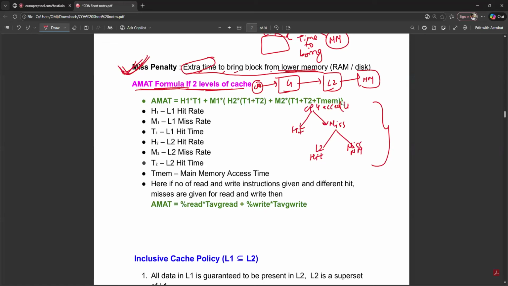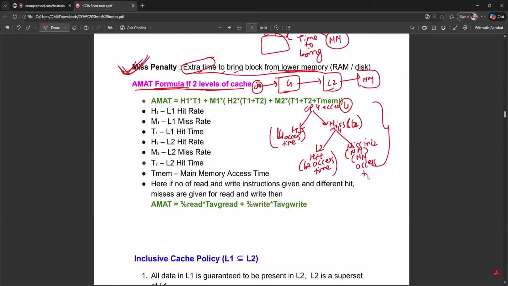Like, the CPU accesses L1, then on a hit, it is the L1 access time. Now if it is a miss, then it goes to L2. On an L2 hit, it is the L2 access time. But if it is a miss in L1, it goes to L2, and if it is a miss in L2, it goes to the main memory, so here the main memory access time.